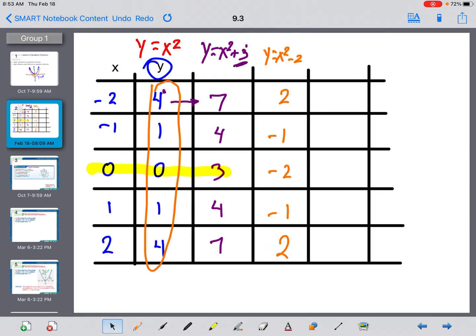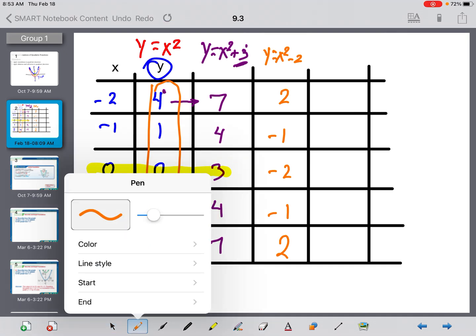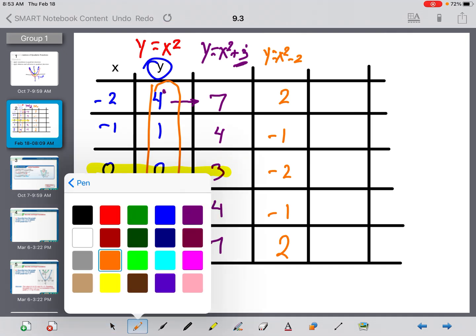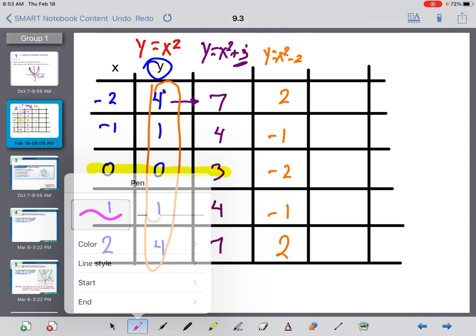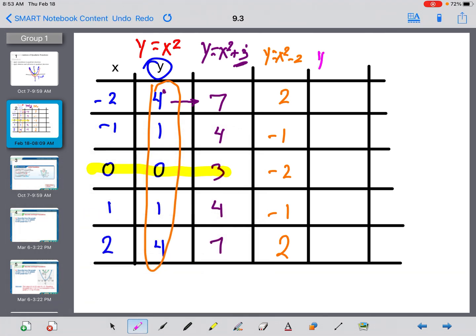Well, let's do one more or two, because I want you to see something else. What if we had y equal 2x squared? Now remember, we're coming back to here because this is our x squared column.